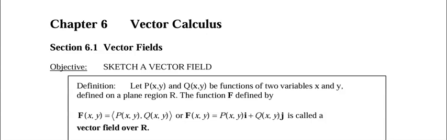All right, this is chapter 6 again, chapter 6.1. So we're going to talk about the vector field here. What is a vector field?